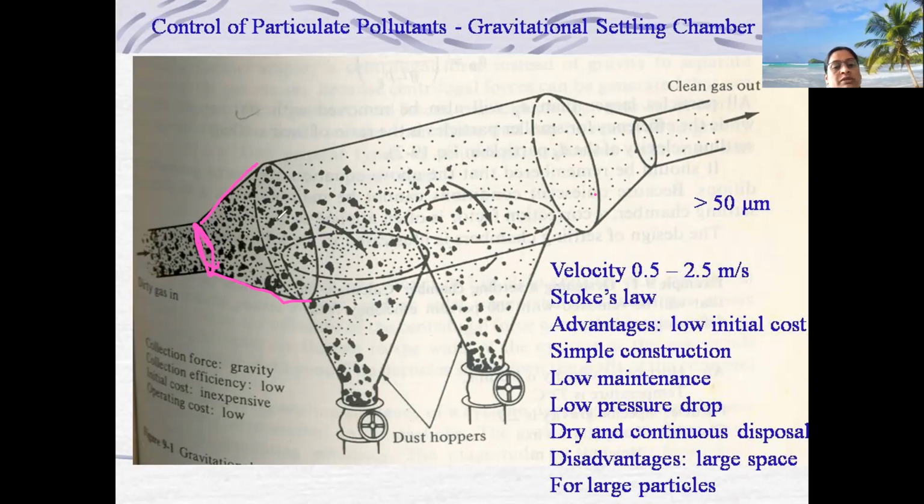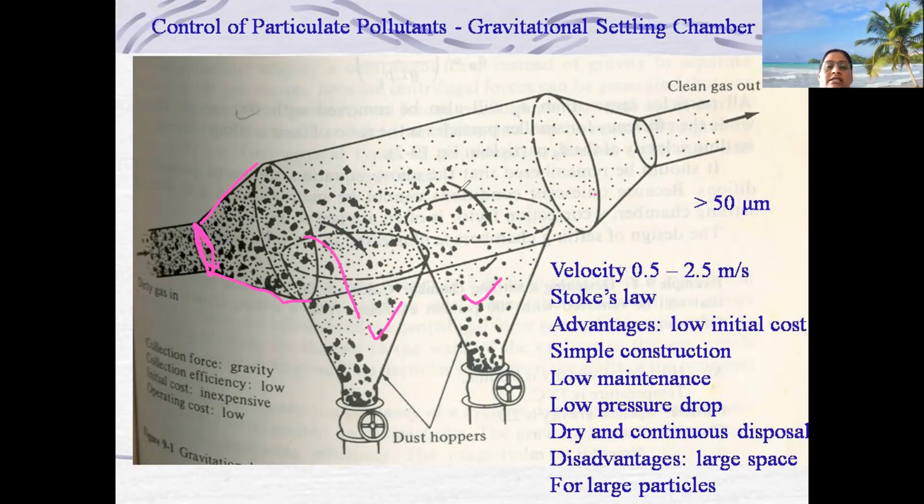Because the particles are heavier, they start dropping down into the hopper bottoms provided at the bottom side. These are the two hopper bottoms provided to collect the particulate matter that settles down in this gravitational chamber.